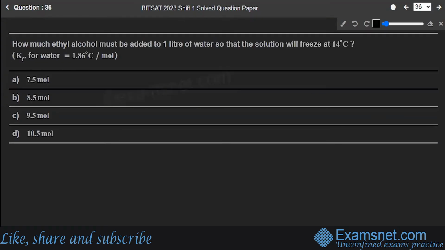Next is question number 36. How much ethyl alcohol must be added to 1 liter of water so that the solution will freeze at minus 14 degrees Celsius? Okay, so first thing, normally the water freezes at 0 degrees Celsius, and now you are asked the water should freeze at minus 14 degrees Celsius. So the change in temperature is 14.